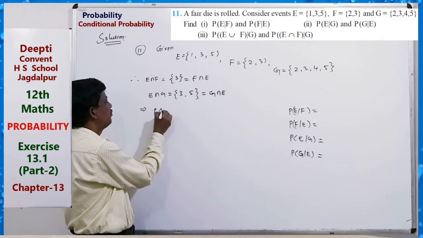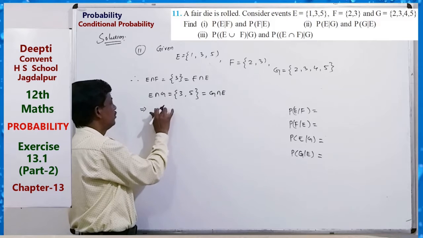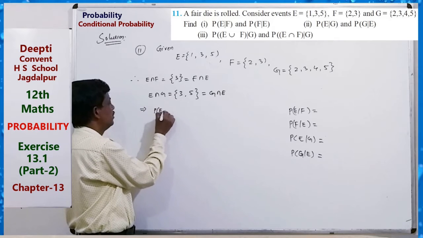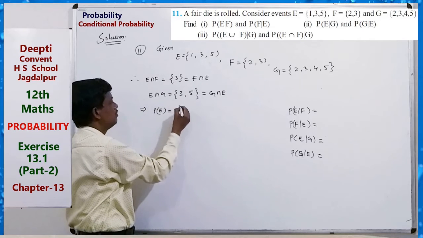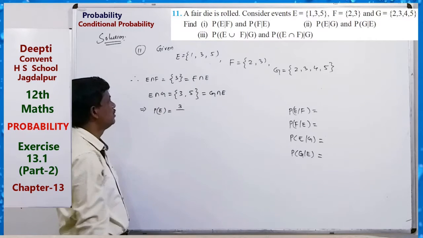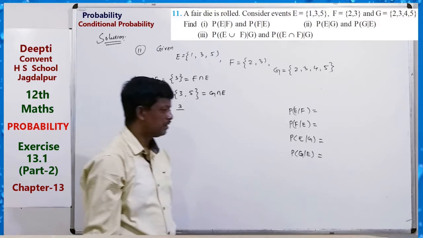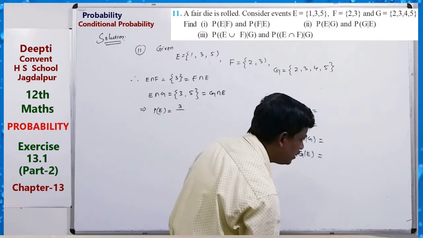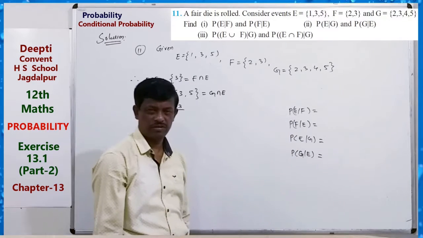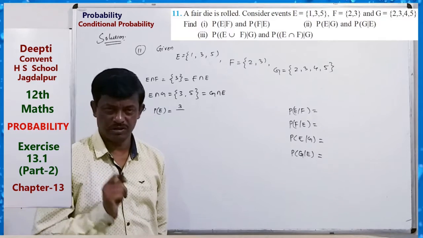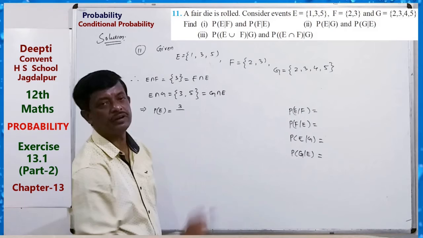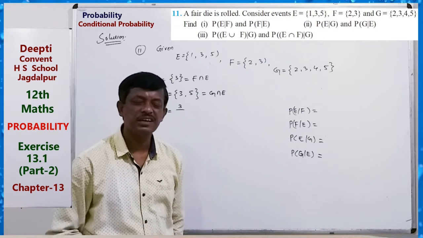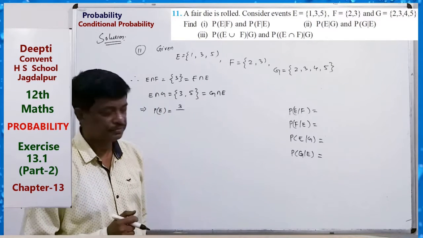This implies the probability of E is what? E contains 3 elements, so 3 by, if a fair die is rolled, the numbers we can get on the die. How many numbers are there? 6 numbers.